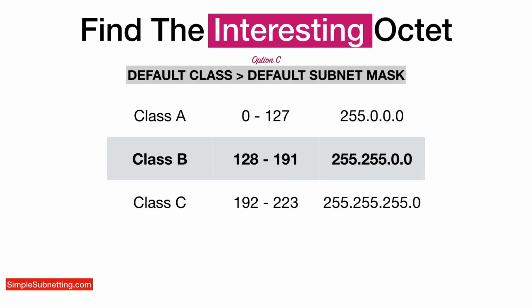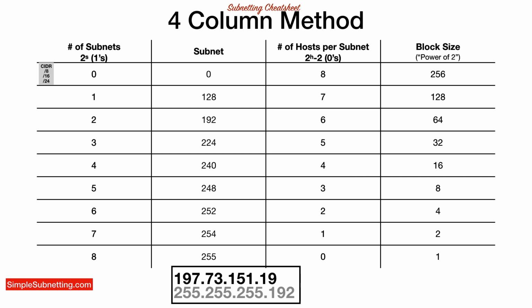And the last way to figure out the interesting octet is to just know the default classes. So know class A is 0 to 127, B is 128 to 191, and C is 192 to 223. If you can't memorize that, just know that in the subnetting cheat sheet, the ranges are built into the sheet.